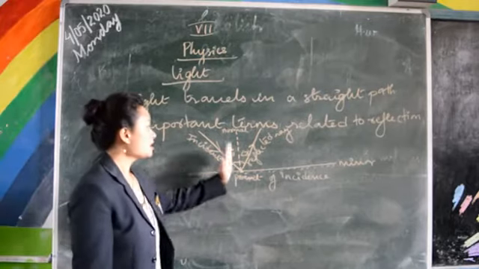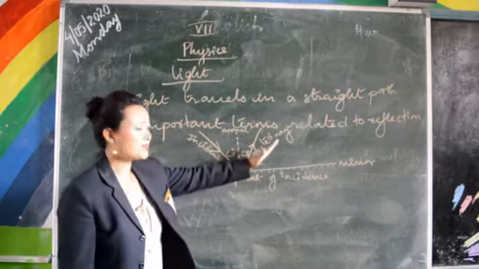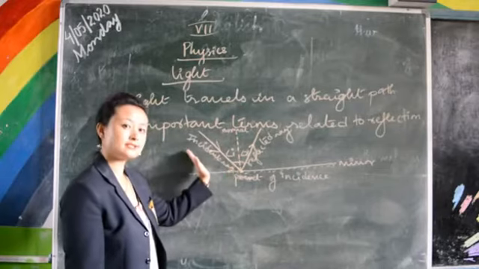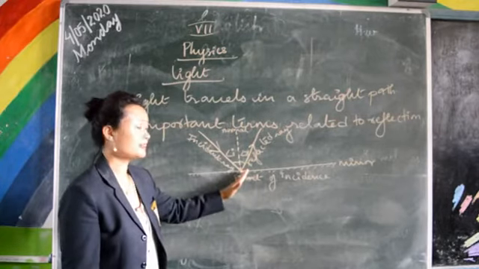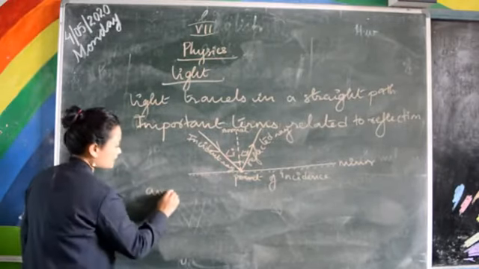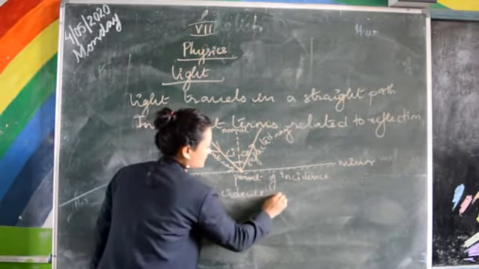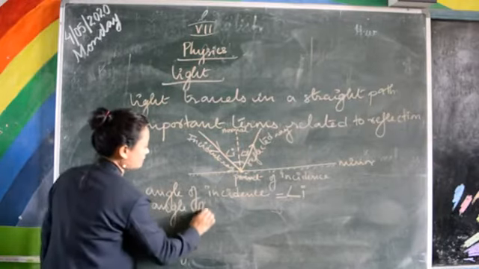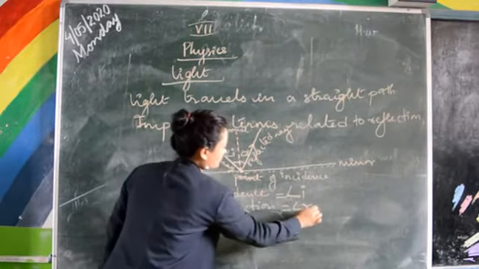What is normal? Normal is the imaginary line drawn between the incident ray and the reflected ray. And the angle formed by the normal and the incident ray is called angle of incidence. And the angle formed between the reflected ray and the normal is called angle of reflection. So angle of incidence is represented by small i, and angle of reflection is represented by small r.